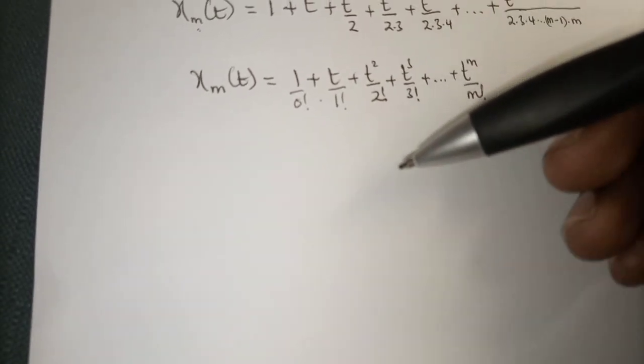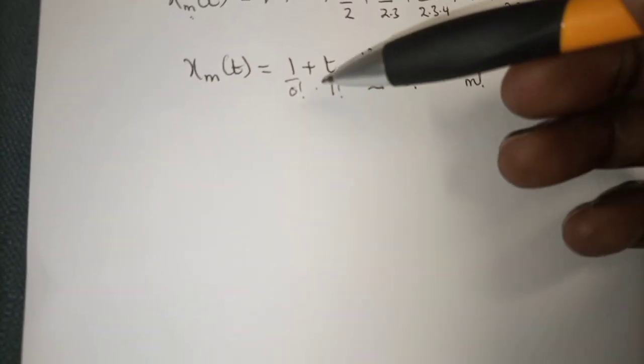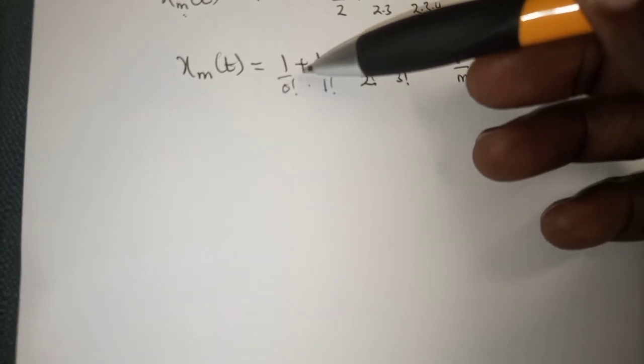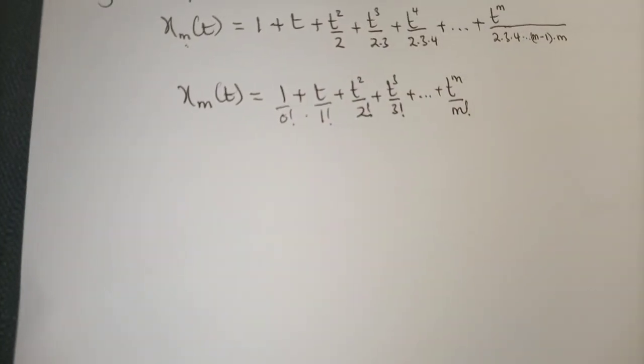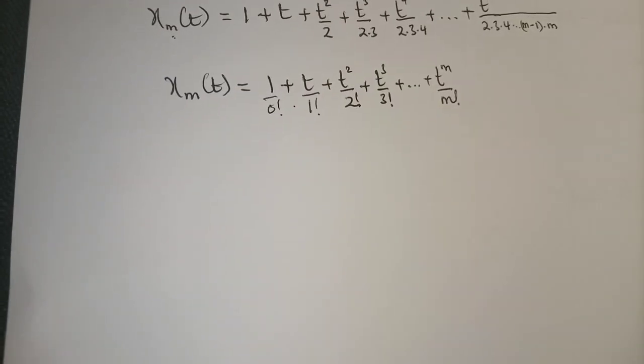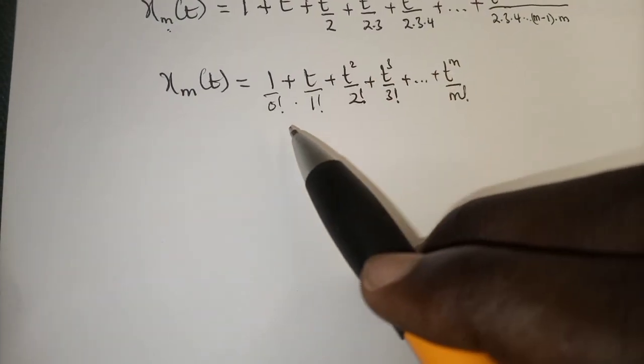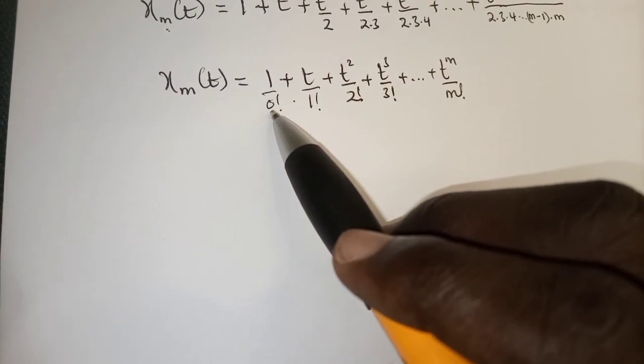So we could say that the denominator is actually the power of the element of the numerator.